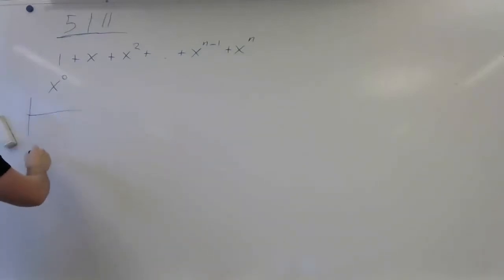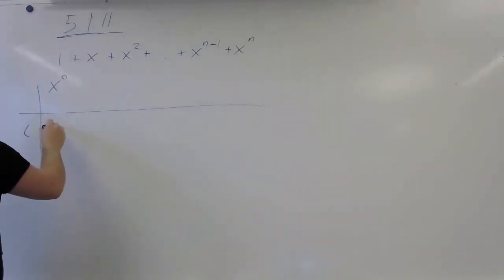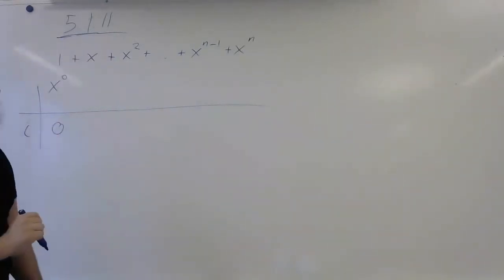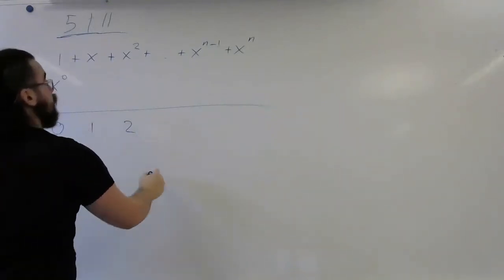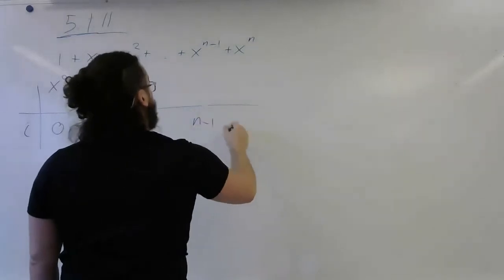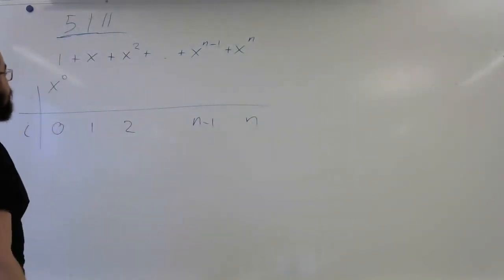The reason is that when we give values to i here, we can say that our sum starts at 0. Then we have 1, then 2, then n minus 1, then n. In total, we have n plus 1 terms.